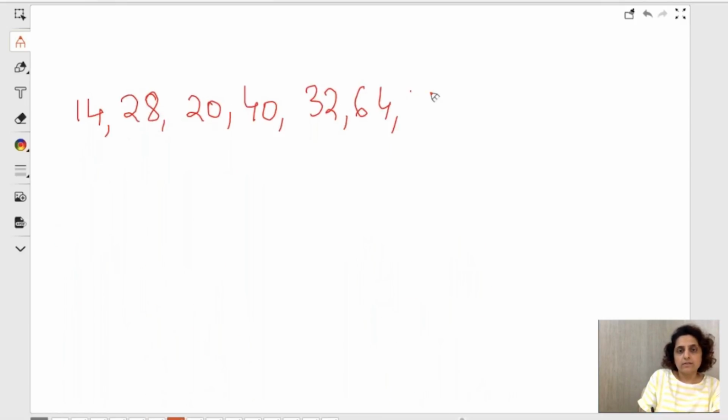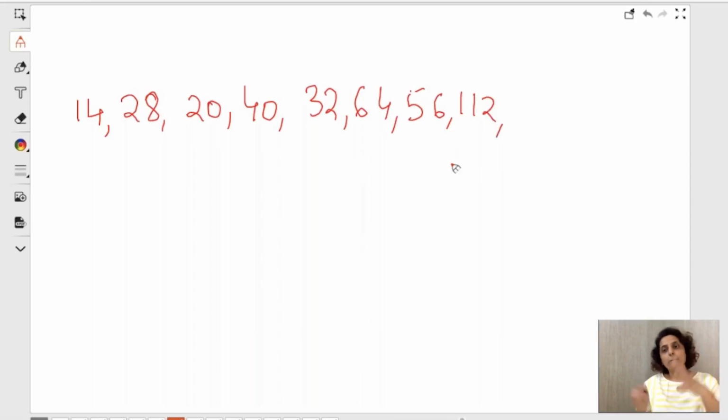Okay. So this was the series we had. Now, if we look at this series, this is like a combination of two series taken together. If we look at this number 14, what's the difference between 14 and 20 here? The difference is 6.